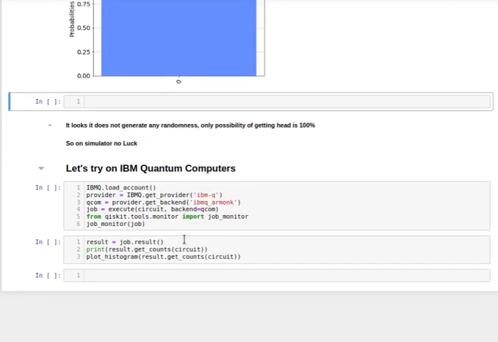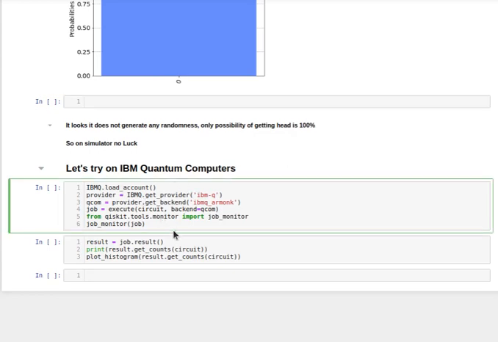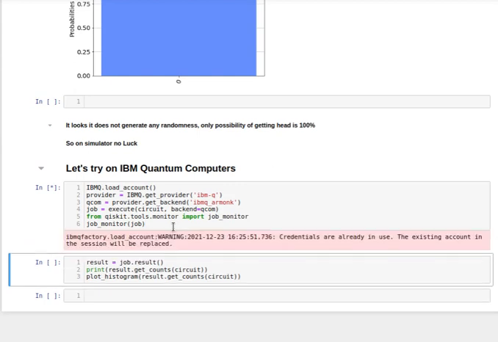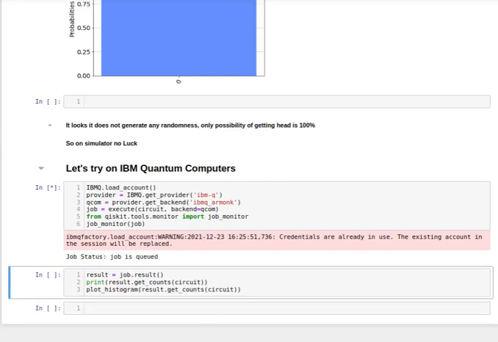Let's do the same thing on IBM quantum computers. It looks like the job is queued. Oh my god, 3.